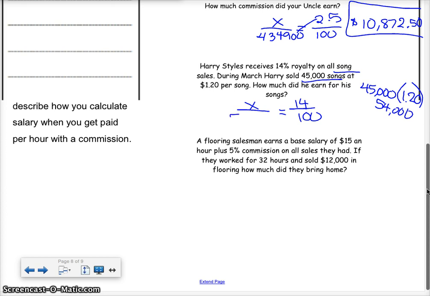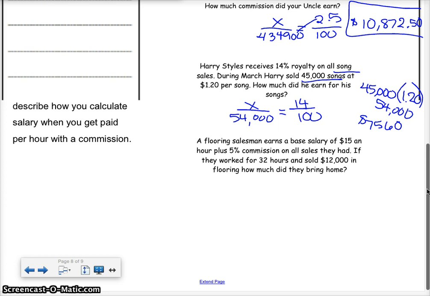So that's my whole. And now I get to figure out how much he earns just off his songs. So 54,000 times 14 divided by 100 is 7,560 bucks. And that's just off songs.